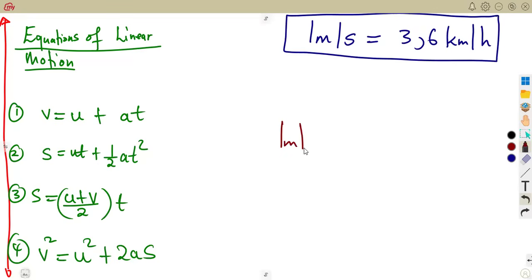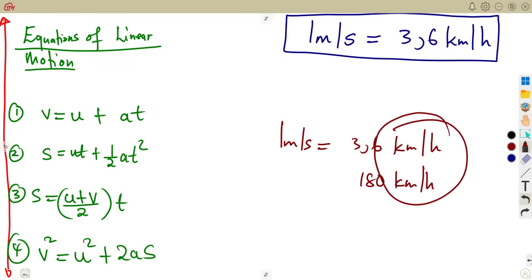If I know that 1 meter per second is equal to 3,6 kilometers per hour, what about 180 kilometers per hour? Remember, same units on the same side. So what is it that I want on this side? I do not know. So it's just like a simple proportion, guys.